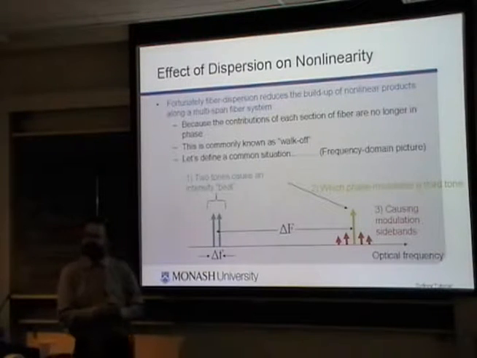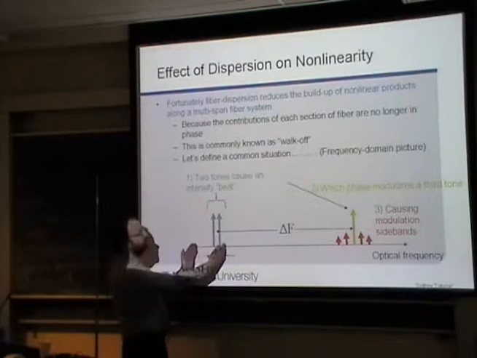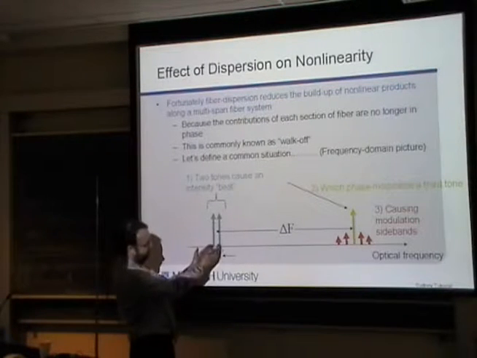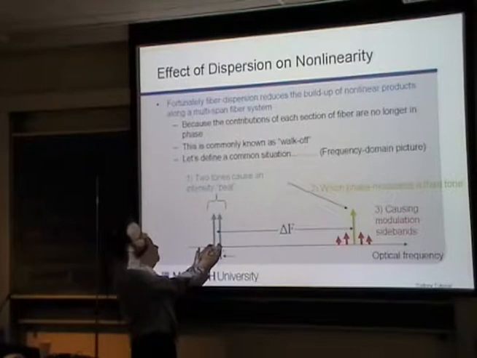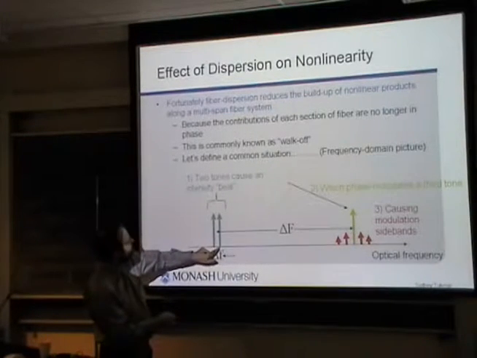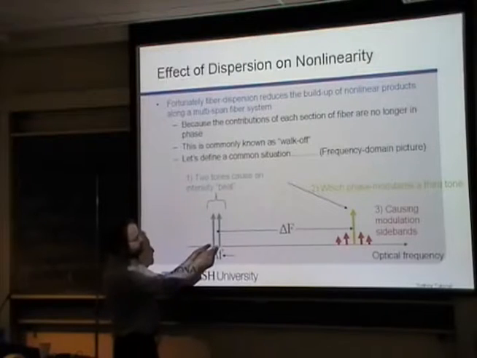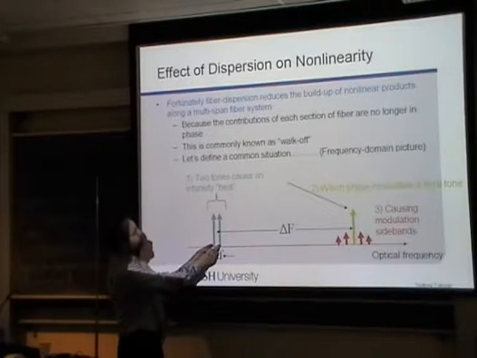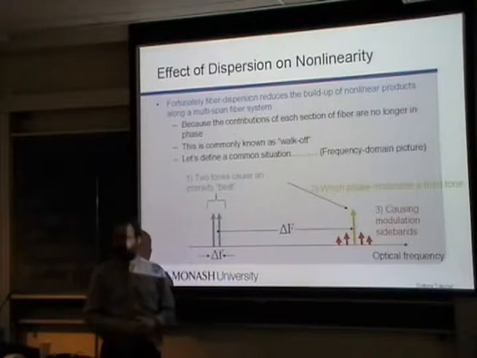But you can think of any signal as having a lot of tones in it. OFDM has fairly discrete tones. Each one's actually a sinc function, but I've represented them by delta functions. So if we take two tones that are delta f apart, they beat together.